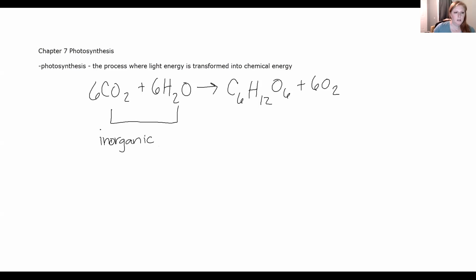Okay, so in addition to carbon dioxide and water, you also need light energy. And that light energy comes from the sun, okay? Or from sources that can mimic that same type of light, like a greenhouse.